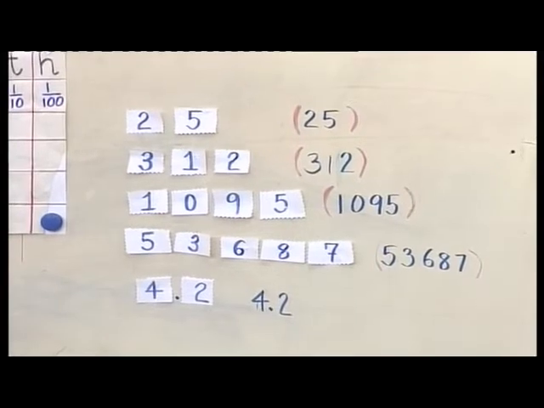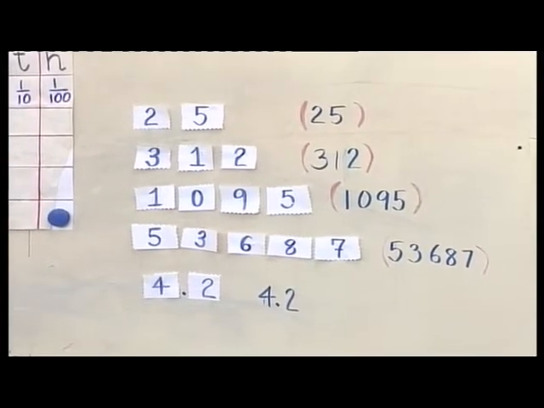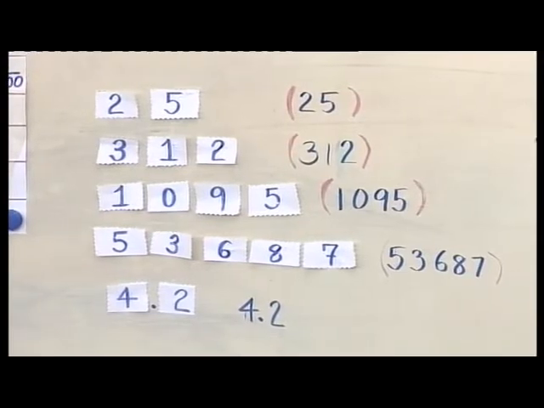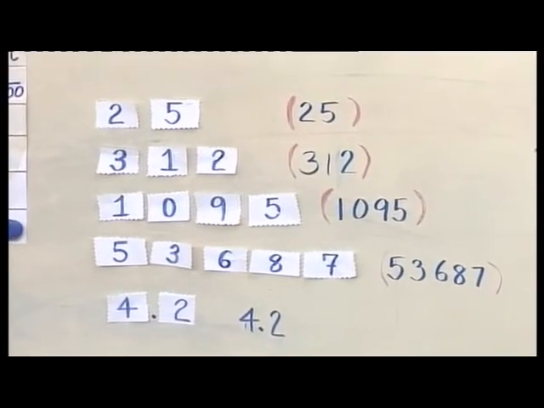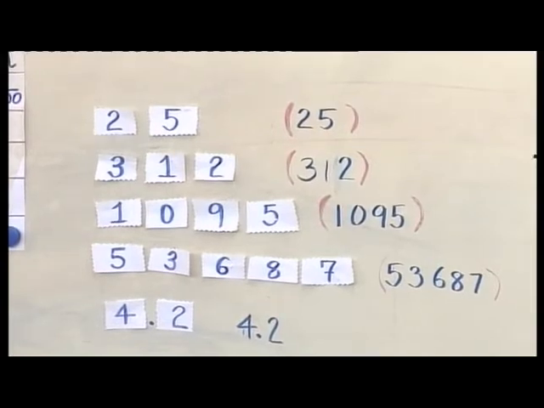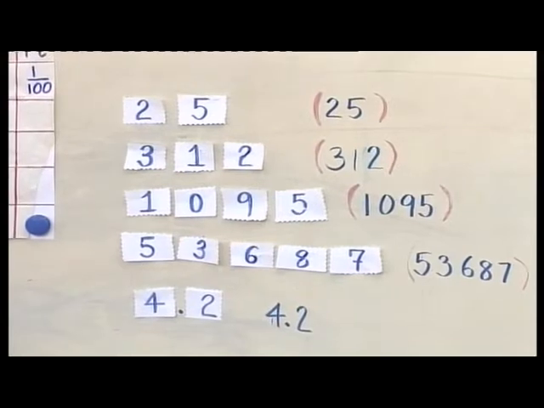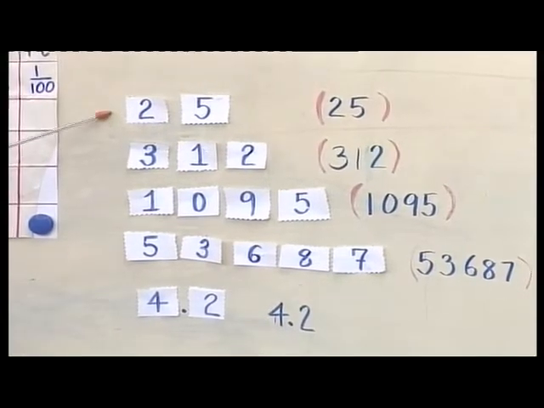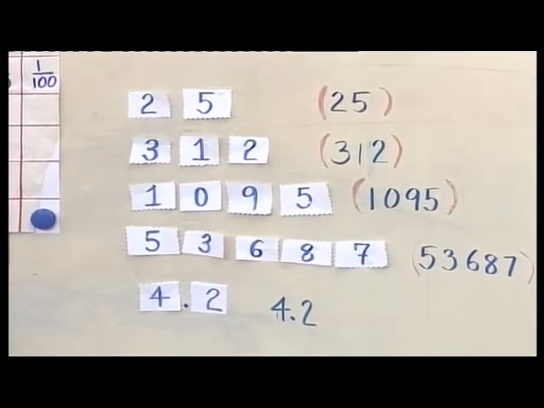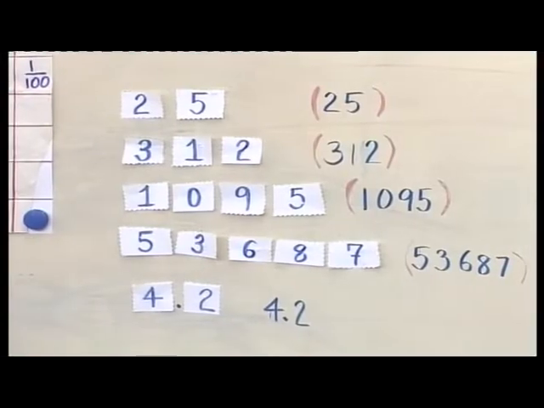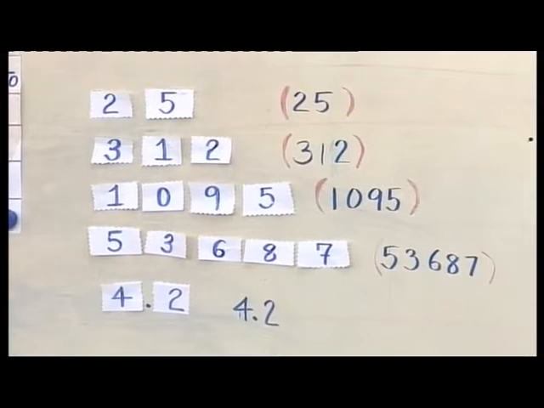I have 5 numbers. Now I'd like 5 volunteers, receiving students, to come up to the board and place each of these numbers according to their place value.